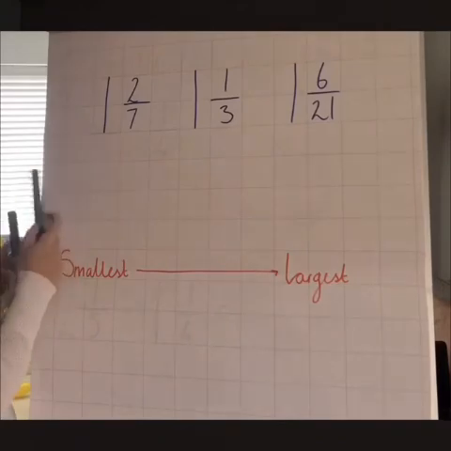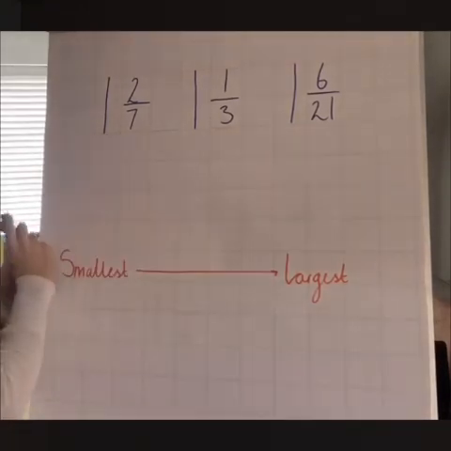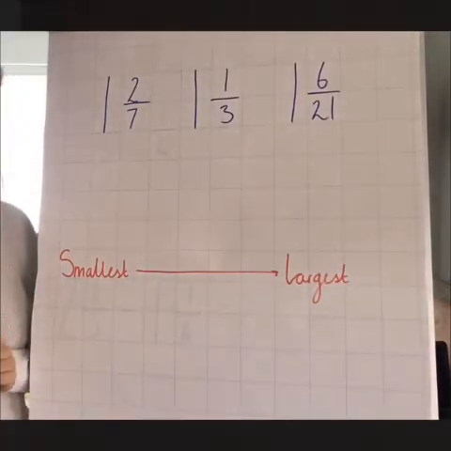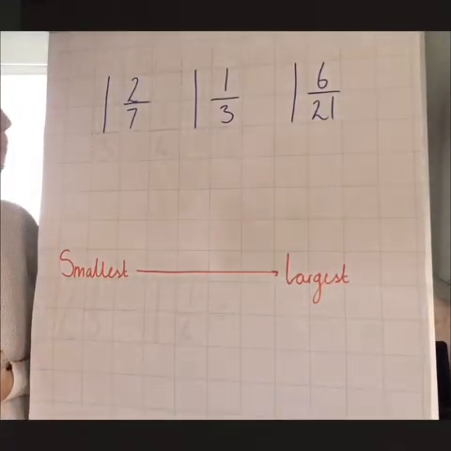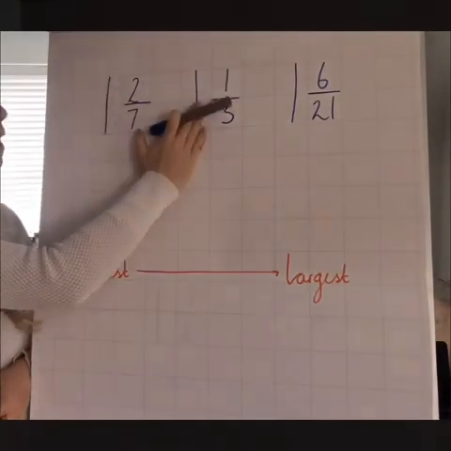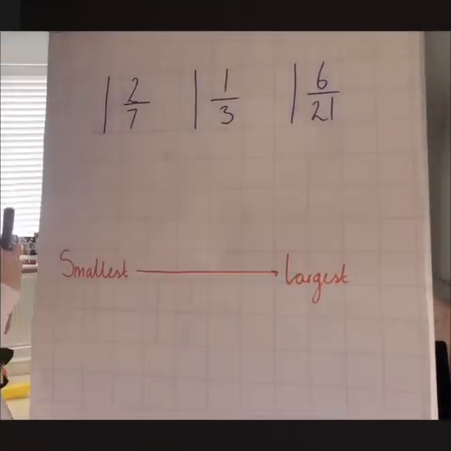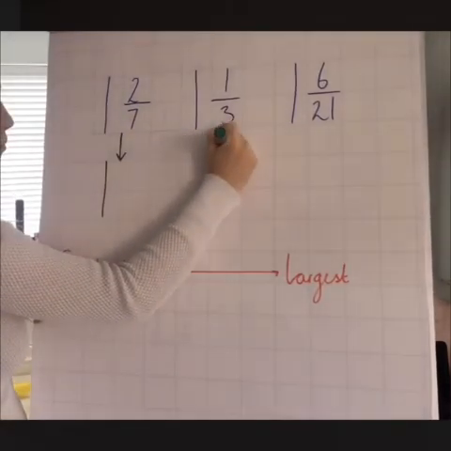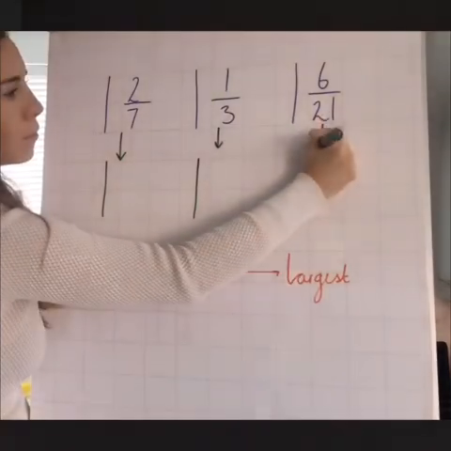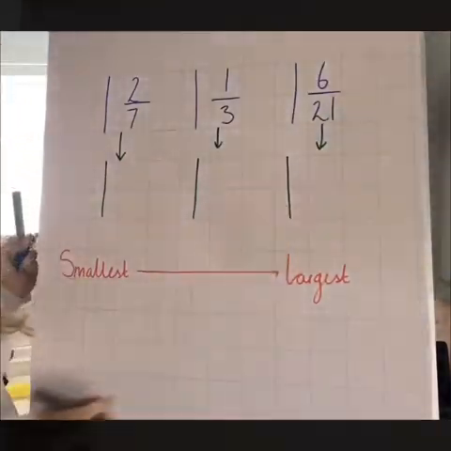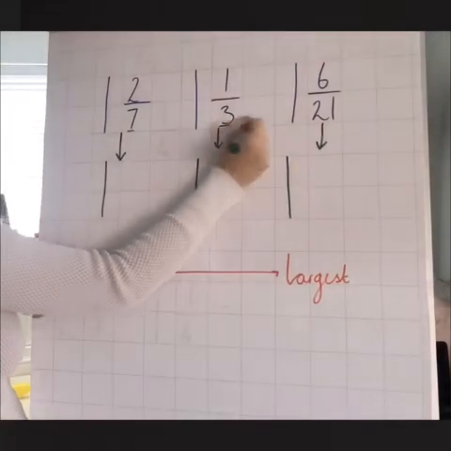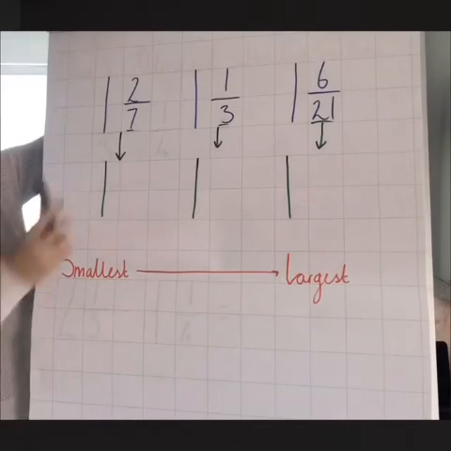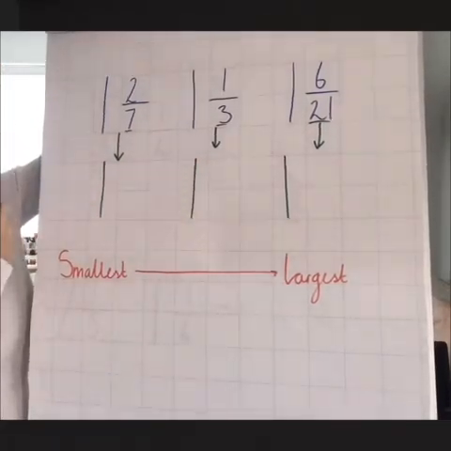So when we're ordering and comparing mixed numbers, you don't need to change them into improper fractions like you would if you were adding them, okay? So you don't need to mess about with the wholes, so I'm going to leave those where they are. But what I do need to do is have a look at my denominators here, 7, 3 and 21, and figure out a common multiple of these 3 numbers.